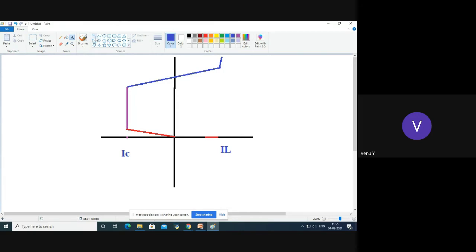You can observe one thing: even during fault conditions, suppose the voltage is 0.3 or 0.4, then also the current supplied by the compensator is IC only. There won't be any change. So therefore, the effectiveness of the STATCOM during disturbed or dynamic conditions is more superior than that of the SVC.